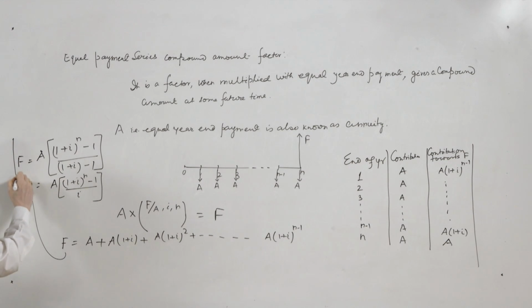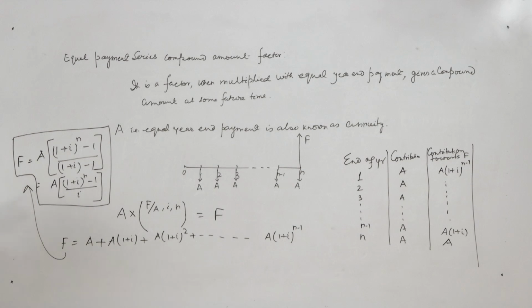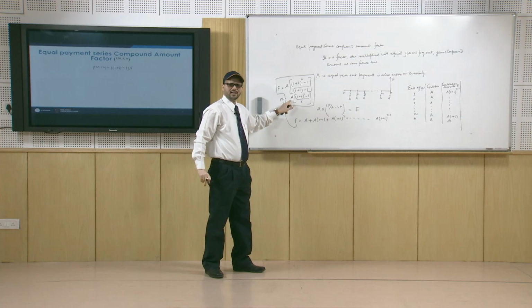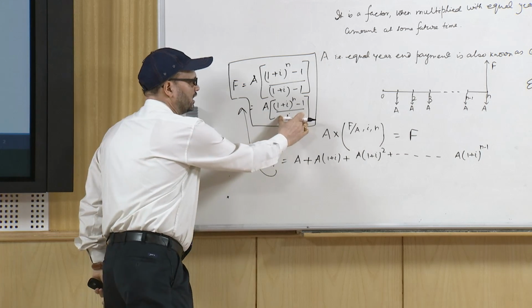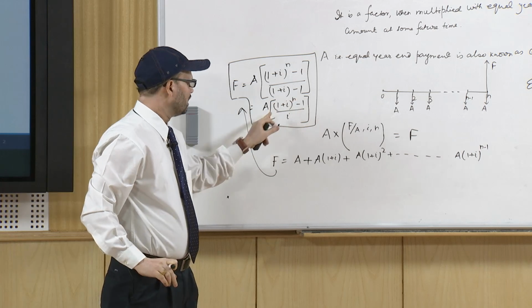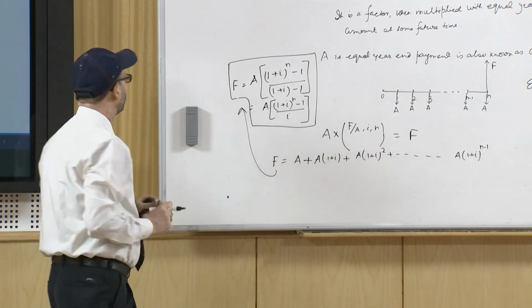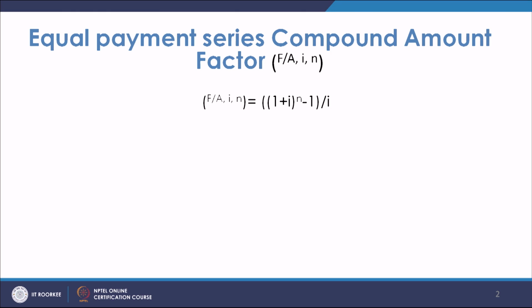So, what we have seen that F is A times this factor. This factor when multiplied with A gives you F. That is why this factor in this bracket, 1 plus i raised to the power n minus 1 whole divided by i, is known as equal payment series compound amount factor, which is shown here by 1 plus i raised to the power n minus 1 by i.